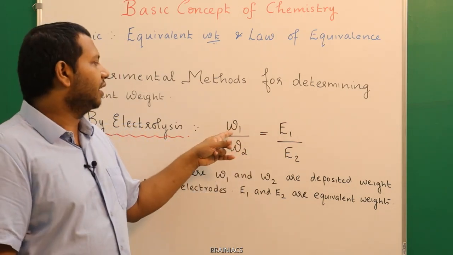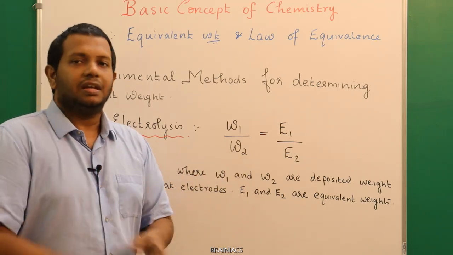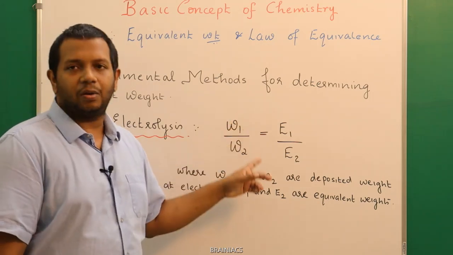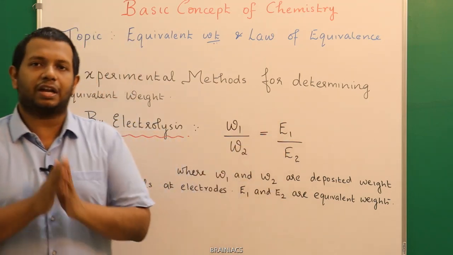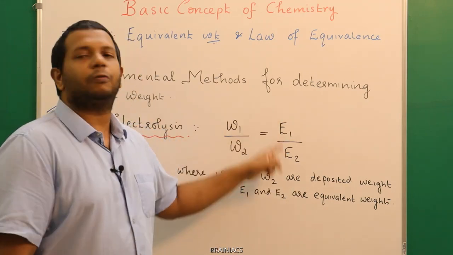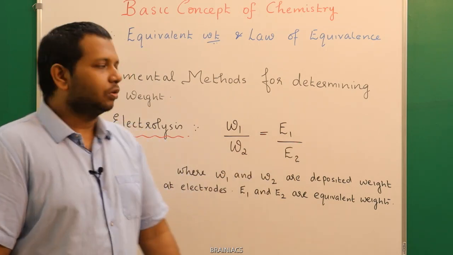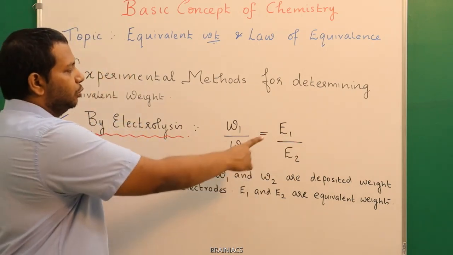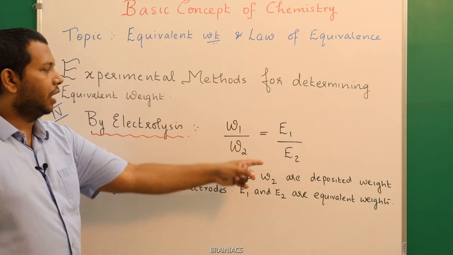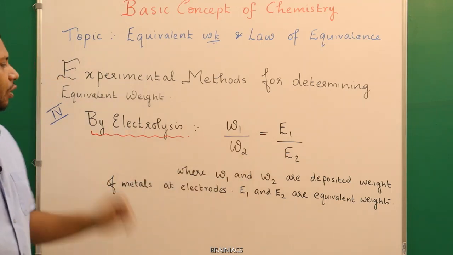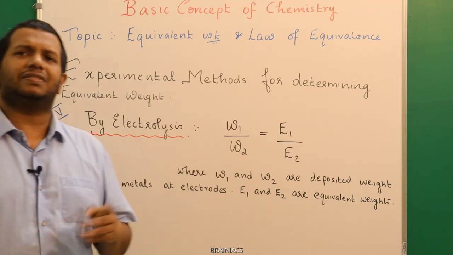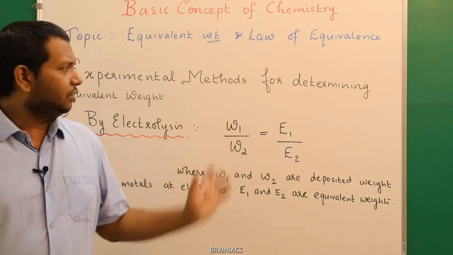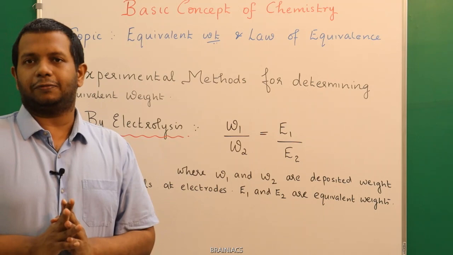That's why W1 and W2, the masses deposited at the anode and cathode, give you the ratio of the equivalent weights of the respective elements. So please remember, W1 by W2 is equal to E1 by E2. This method is called the electrolysis method. So I have tried to explain around 4 methods. There are other methods also, but these 4 are very important for exams.